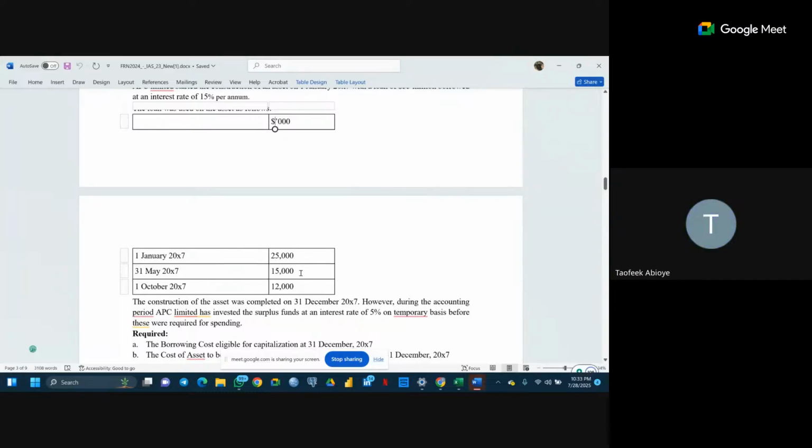After you take out 25 million in January, till 31st of May you request another 15 million. Before you request that 15 million, from when you gave her the money till 31st of May, you are entitled to 5% interest income on the 15 million you collect as at 31st of May.